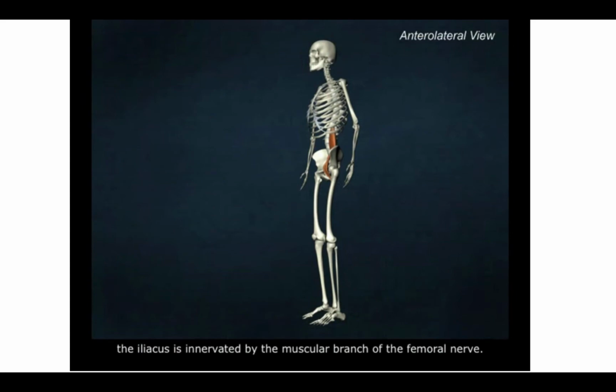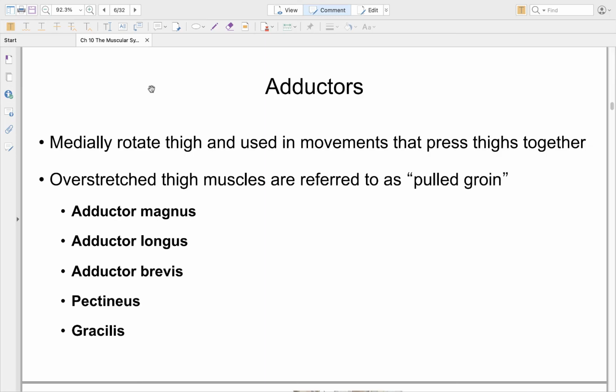Next group of muscles we're going to talk about are the adductor muscles, which medially rotate the thigh, and are also utilized to press thighs together. Now, an overstretched muscle from this group specifically is referred to as a pulled groin.